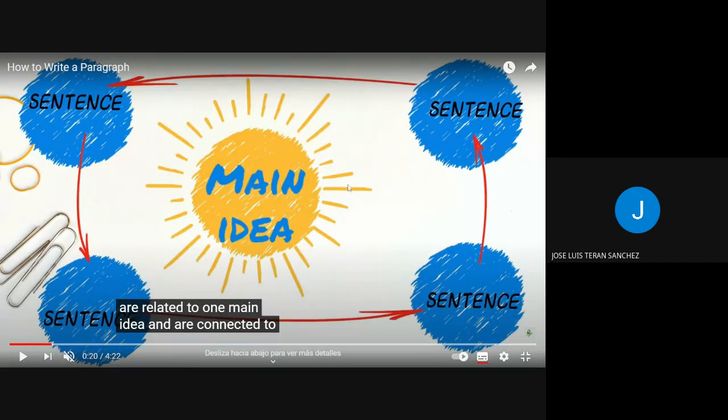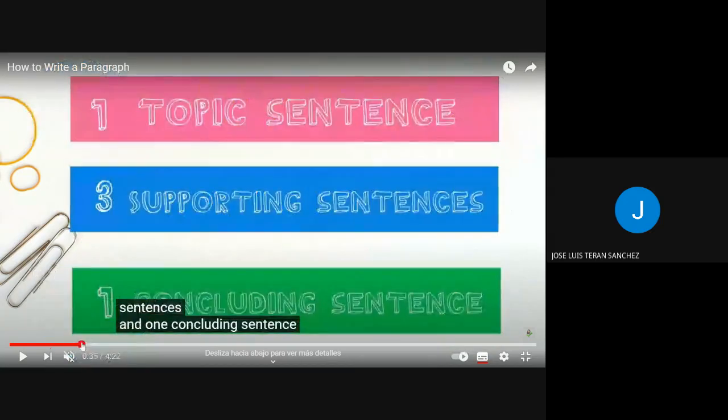The main idea is the semantic part of the paragraph that involves what you are speaking about. This is the main idea, what you are speaking about. And whenever you start writing about what you are speaking about, that idea will be represented by the topic sentence.